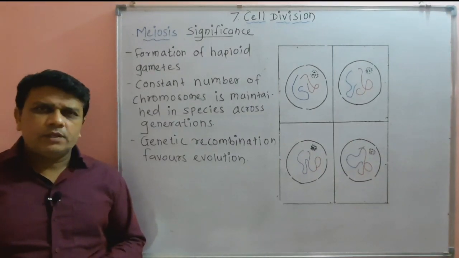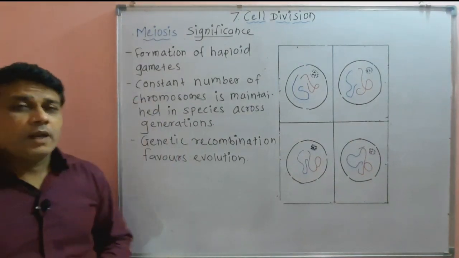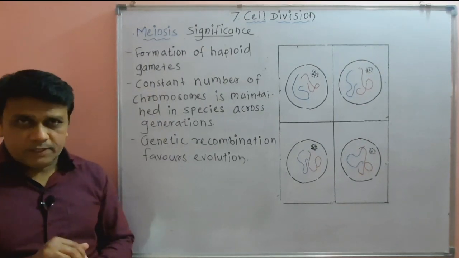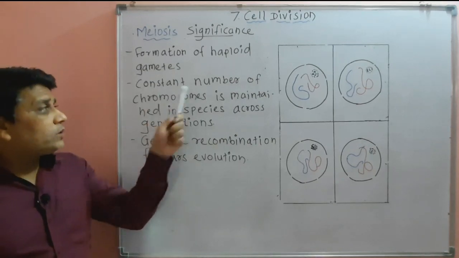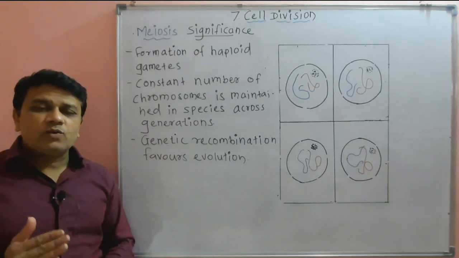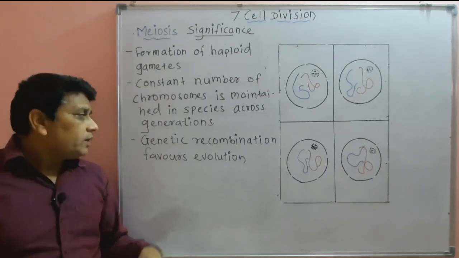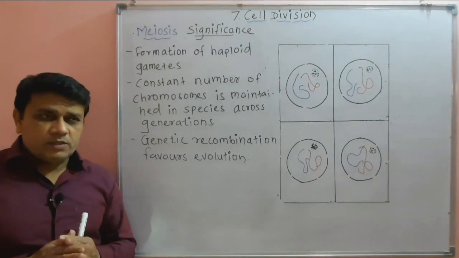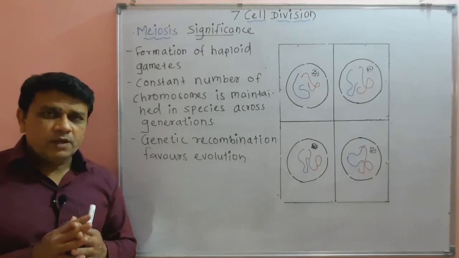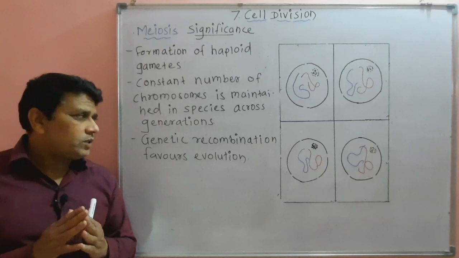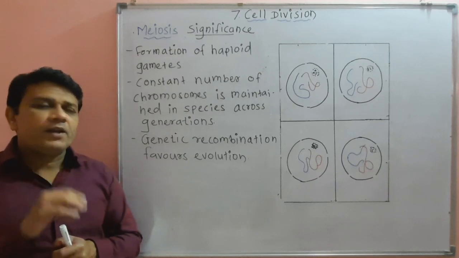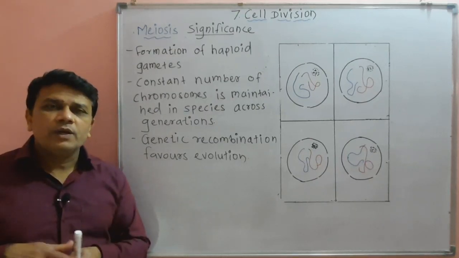Now we will see the significance of meiosis. Meiosis helps in the formation of haploid gametes. Similarly, the constant number of chromosomes is maintained in species across different generations. During meiosis, there is crossing over of chromosomes, and due to this crossing over, genetic recombination occurs, and this genetic recombination favors the process of evolution.